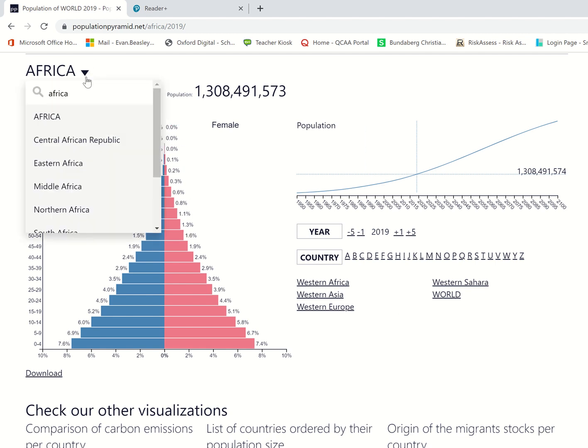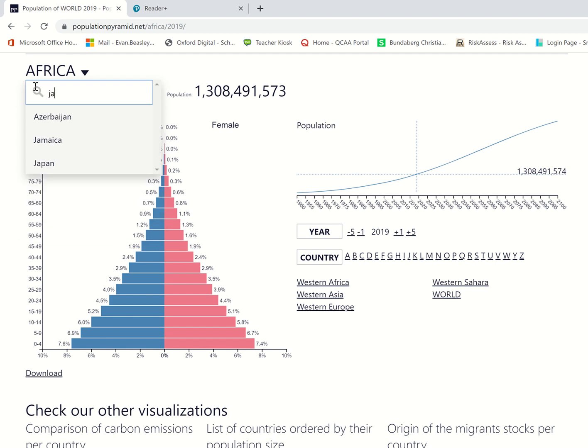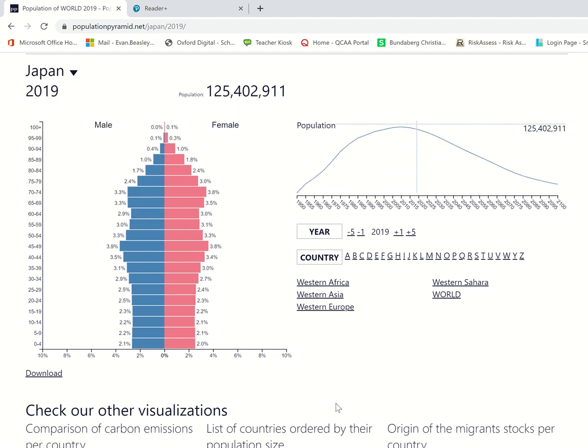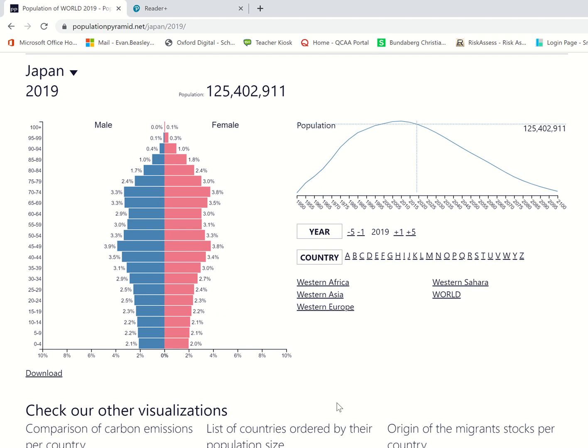And we'll compare that to a country like Japan, which is well known for its old population. You can see that Japan has quite an aging population, where a lot of the population is 45 and over. So that's quite interesting when we analyse different populations with a population pyramid.